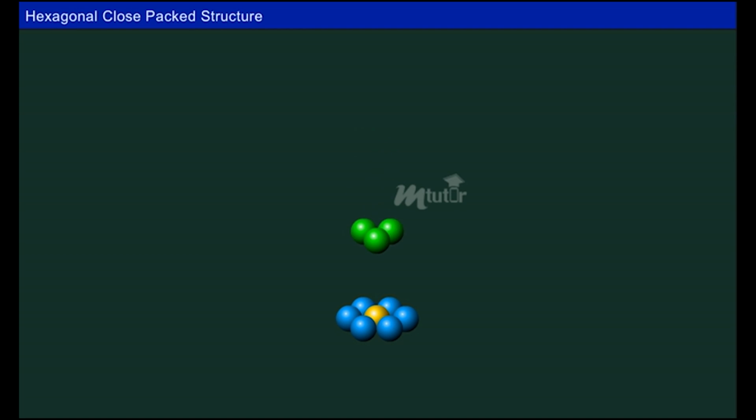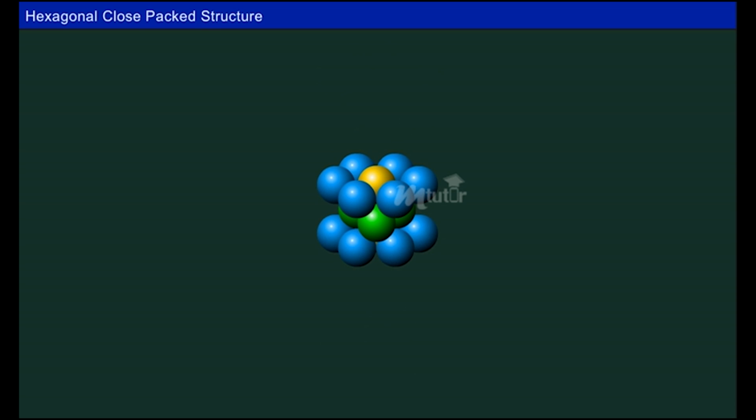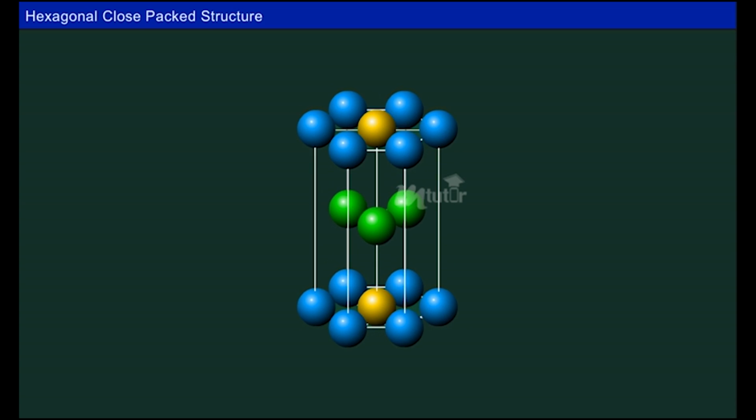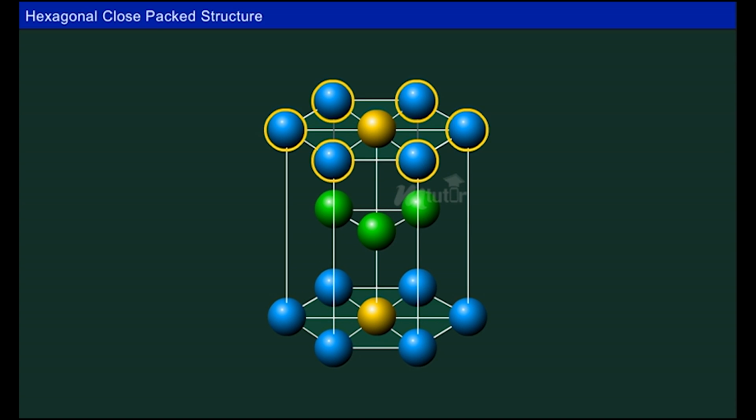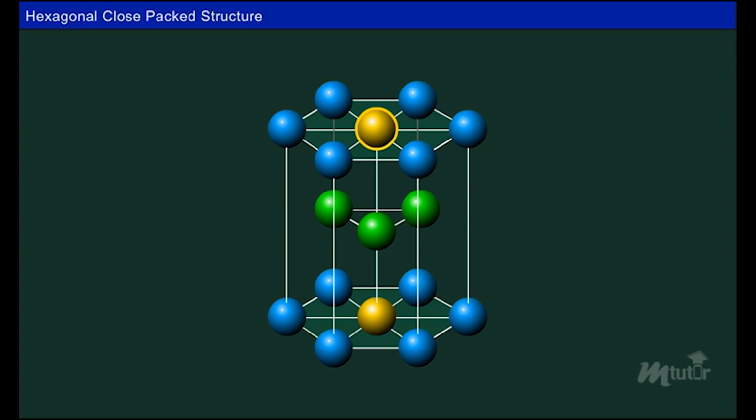In a hexagonal close pack structure or HCP structure, there are 3 layers of atoms. In the top layer, we have 6 atoms at the corners of the hexagon with a central atom. Similarly, the bottom layer also has 6 atoms at the corners with a central atom, or totally we say there are 12 atoms placed at the 12 corners of the hexagon.